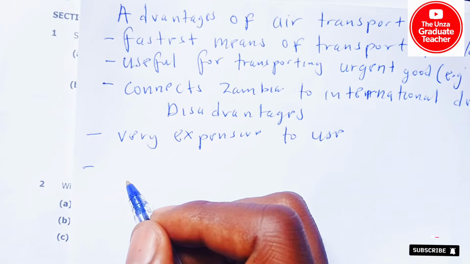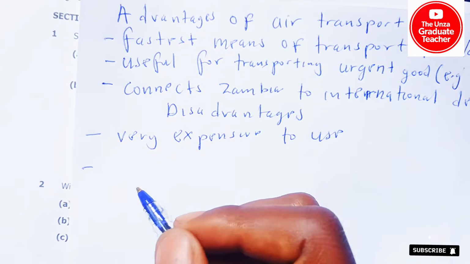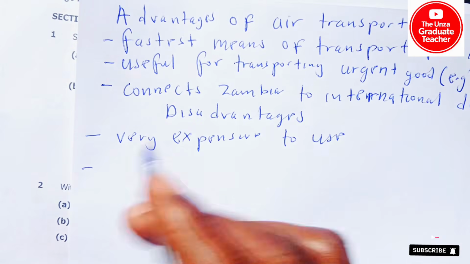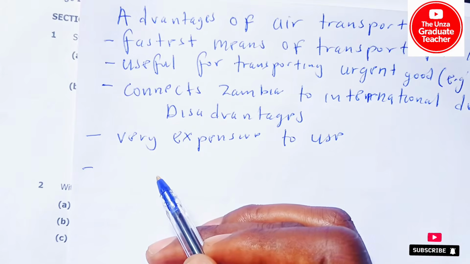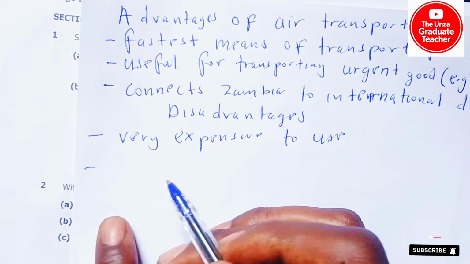So you can say also it requires special infrastructure such as airports. So for this one to operate, it needs special infrastructure such as airports. So that's the disadvantage.